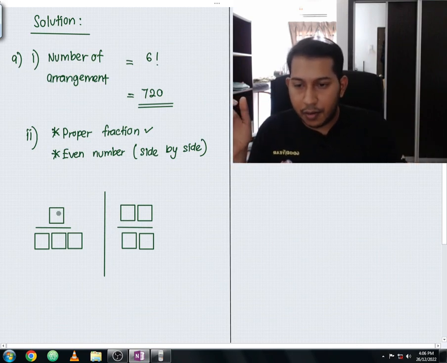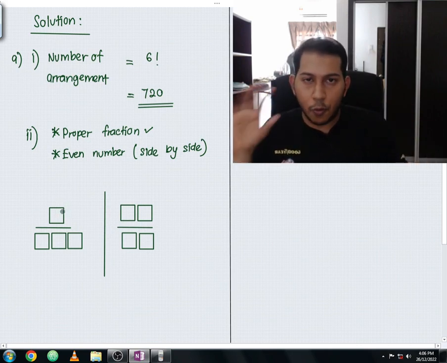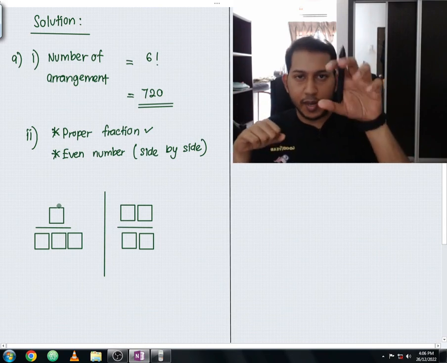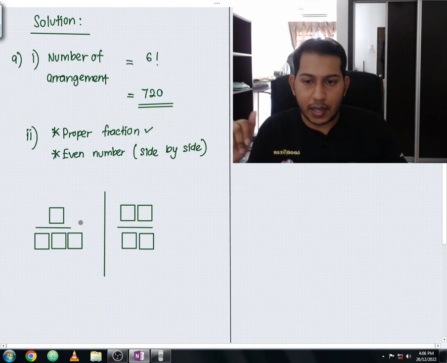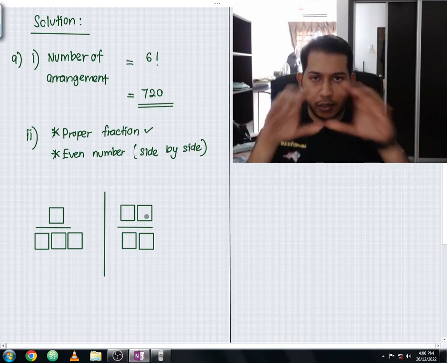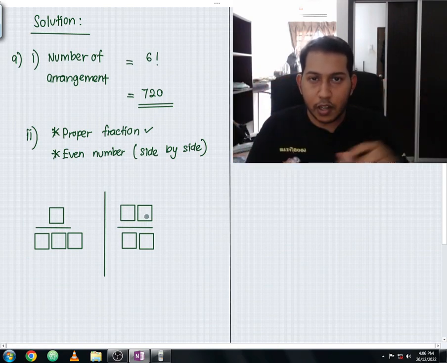The one on the left has one card in the numerator and three cards in the denominator. That is for the left hand side. For the right hand side, you have two cards on the numerator and two cards on the denominator.